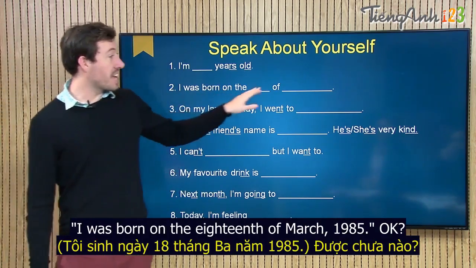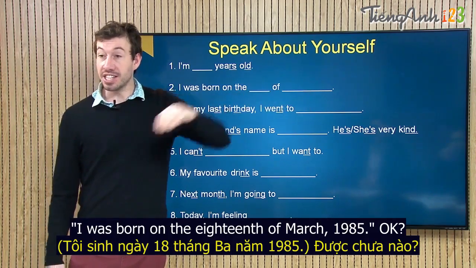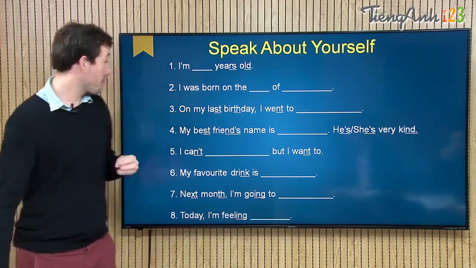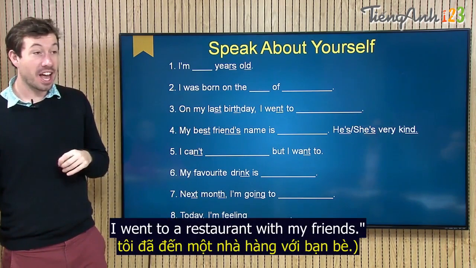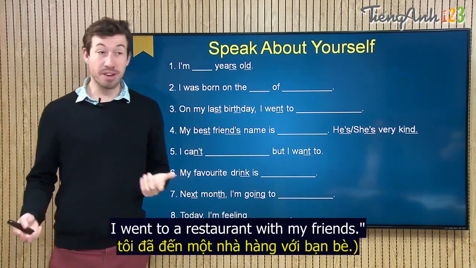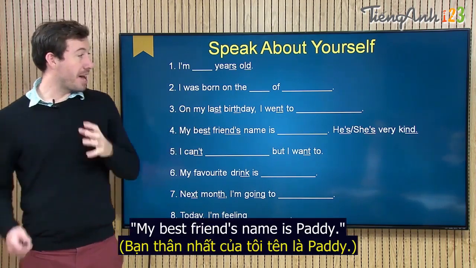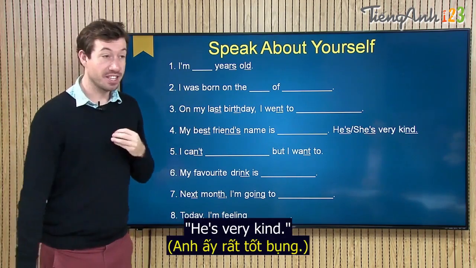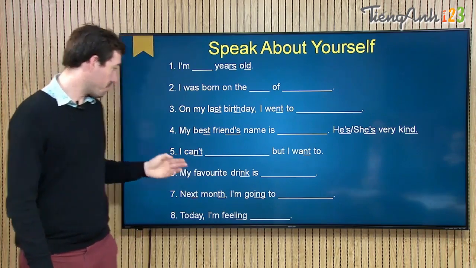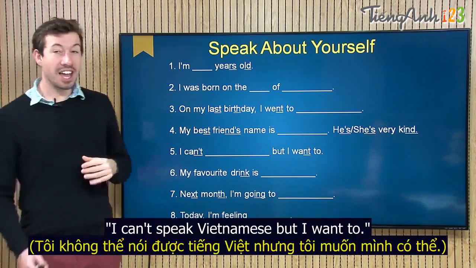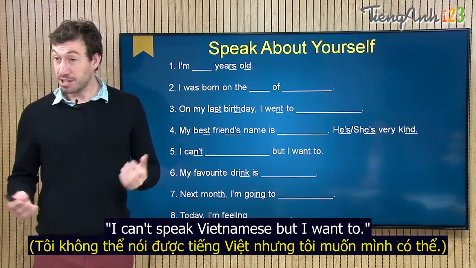I was born on the 18th of March, 1985. On my last birthday, I went to a restaurant with my friends. My best friend's name is Paddy. He's very kind. I could say, I can't speak Vietnamese, but I want to.